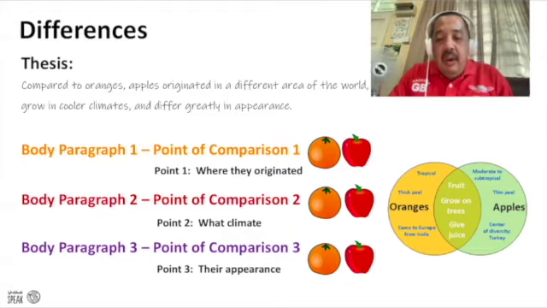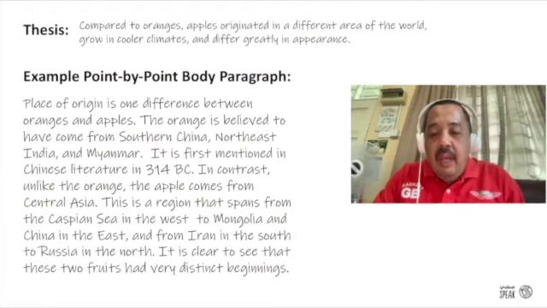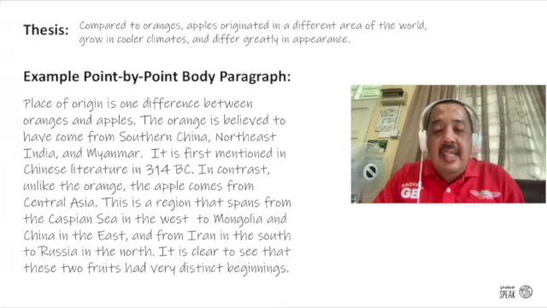Okay, so I thought it would be helpful if you actually wrote out one of those paragraphs so you could see what it looks like in real life. And remember, our thesis is the one for differences, and this would be the first body paragraph for this essay.